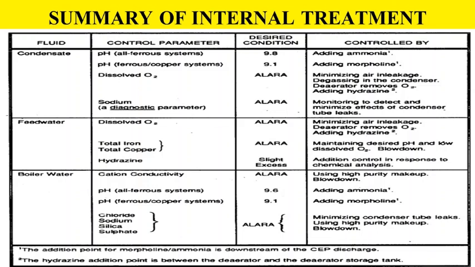Then boiler water cation conductivity, pH, and chloride, sodium, silica, sulfate concentrations have to be maintained as per desired condition. Again it is ALARA, that means as low as reasonably achievable.